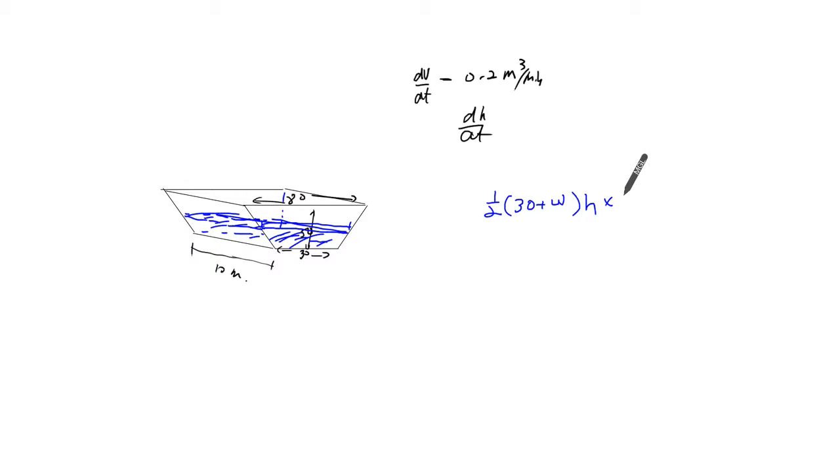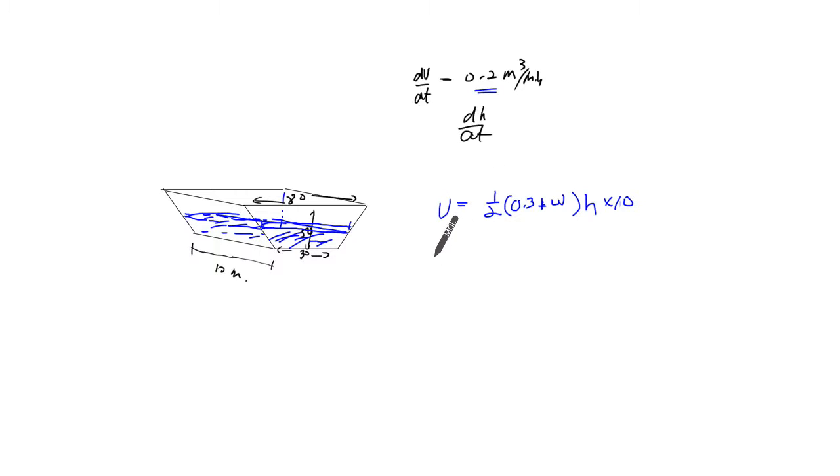That's given to be 10 meters. Actually, this is in meters, so let's convert all the centimeters into meters. So this is going to be 0.3, the 10 meters stays the same, (0.3 + W) times H times 10. Okay, so this is the volume.